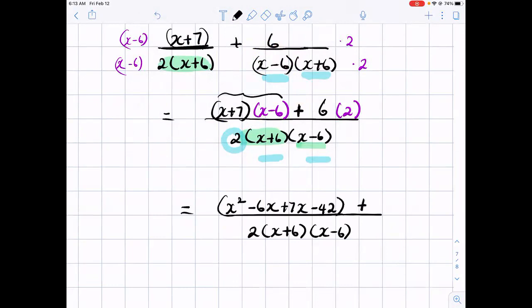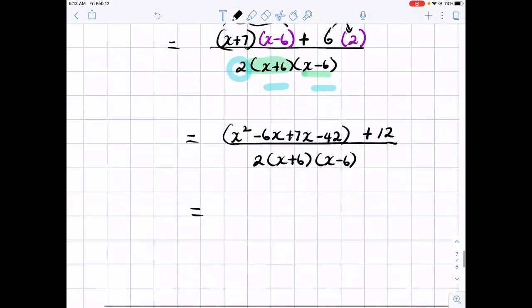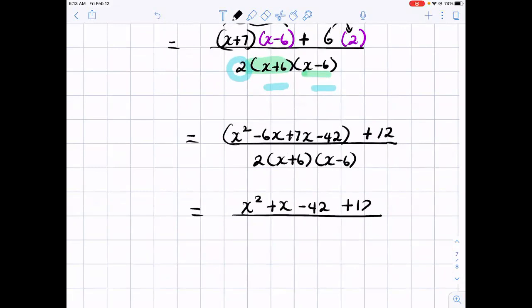Plus 6 times 2 is 12. Combine like terms in the parentheses. We have x squared plus x minus 42 plus 12.